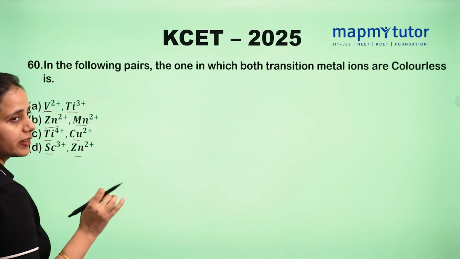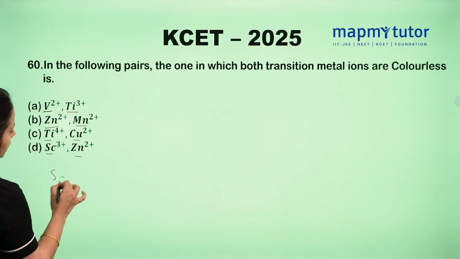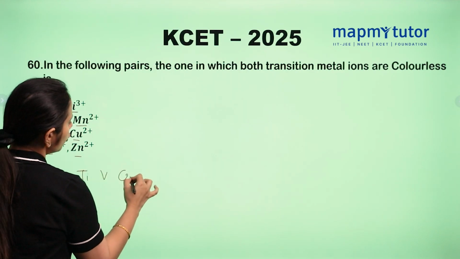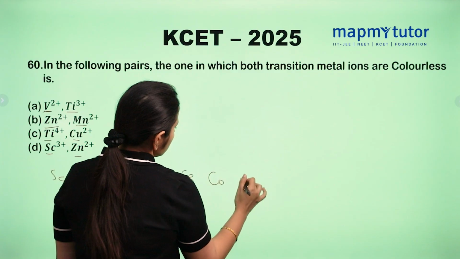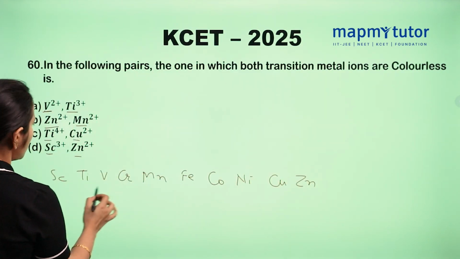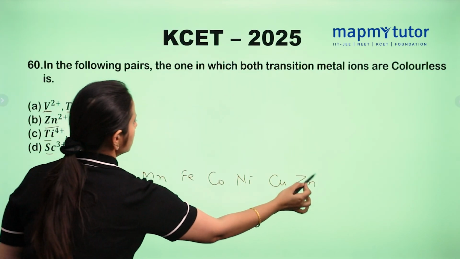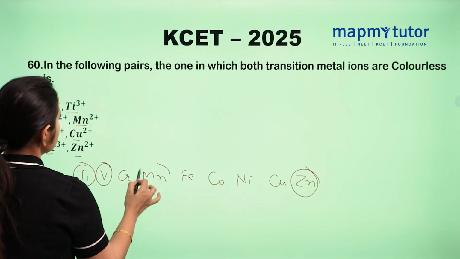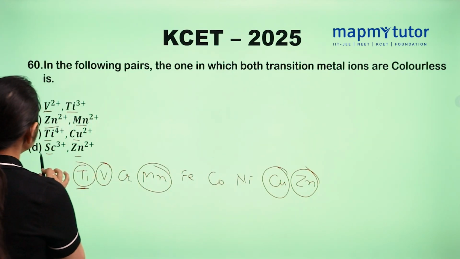All these are the 3d series. So in short, we can write scandium, titanium, vanadium, chromium, manganese, iron, cobalt, nickel, copper and zinc. And they are talking about vanadium, titanium, zinc, manganese, again titanium, copper, and scandium and zinc.